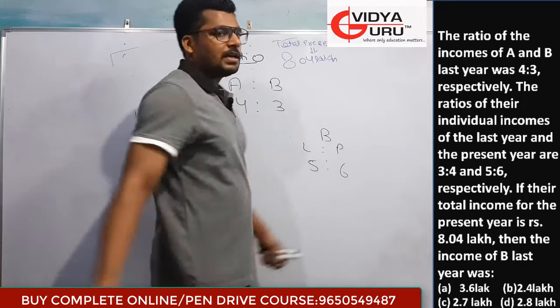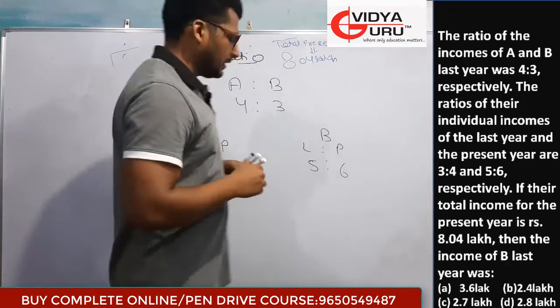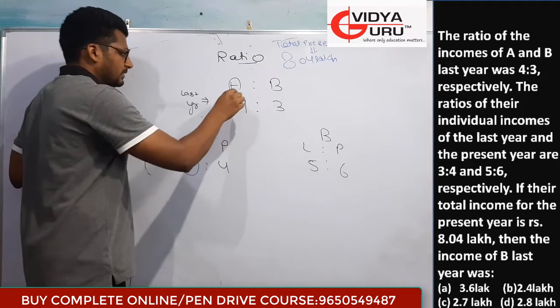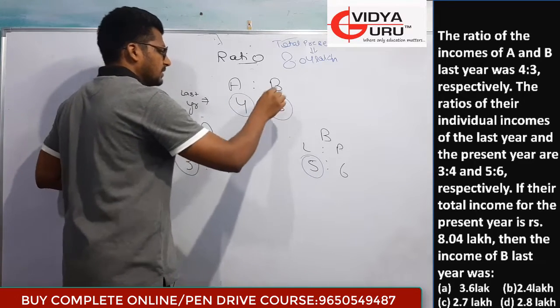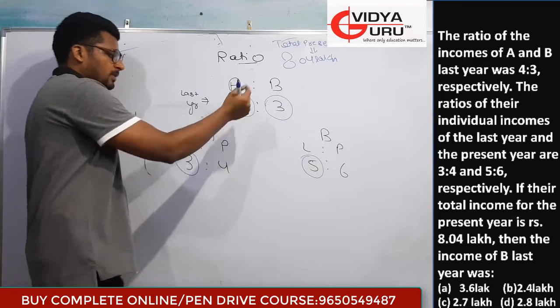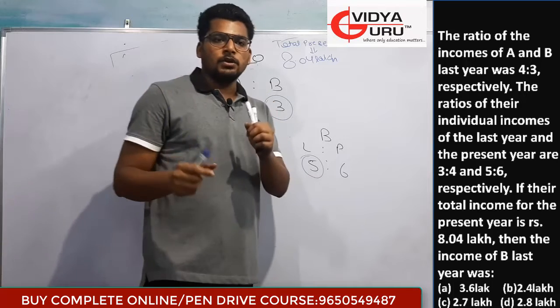So what is the question asking us? The income of B last year was. See, this is last year income of A, and this is also last year income of A. This is last year income of B, and this is also last year income of B. These can't be unequal. If this is 3, this should also be 3. If this is 5, this should also be 5. We have to balance the ratio.